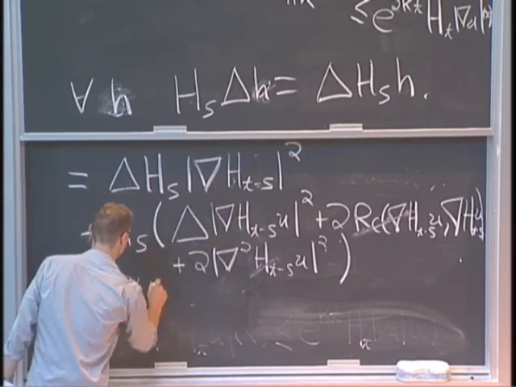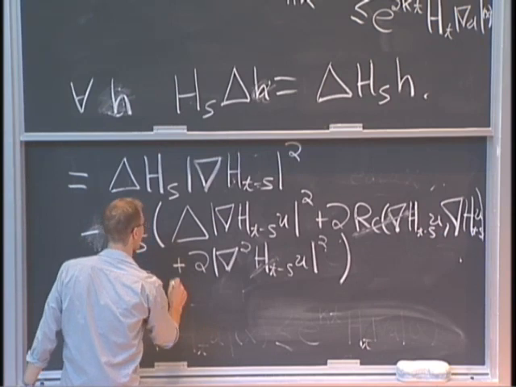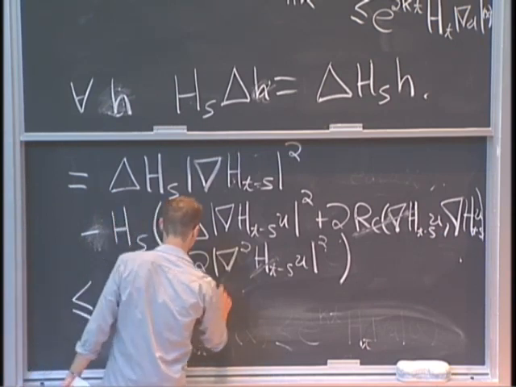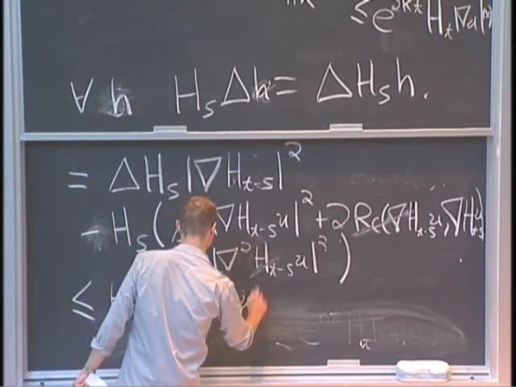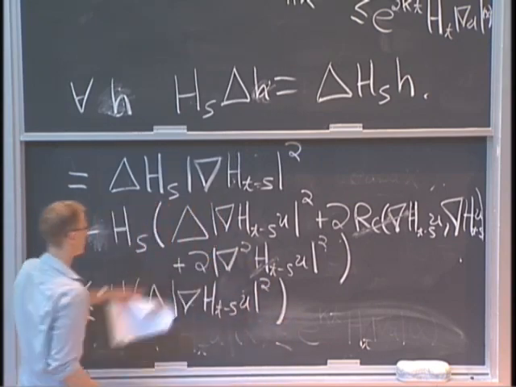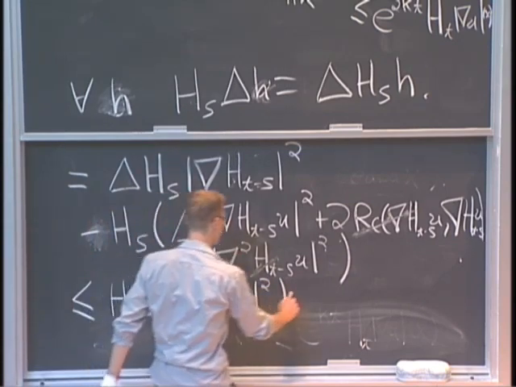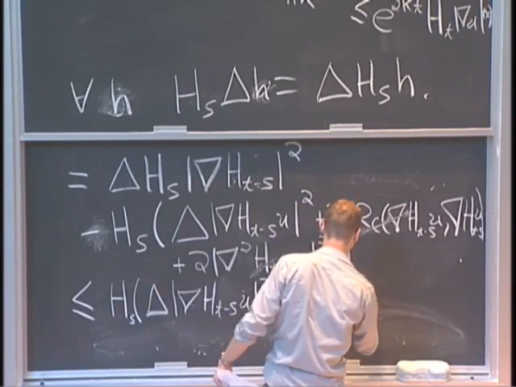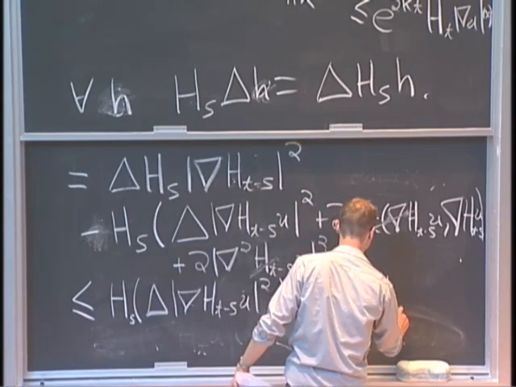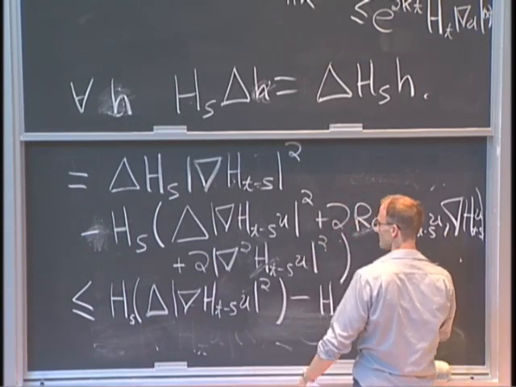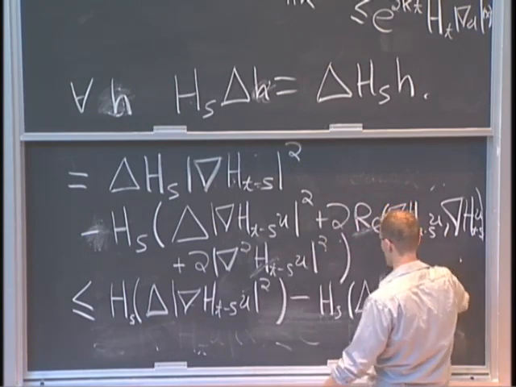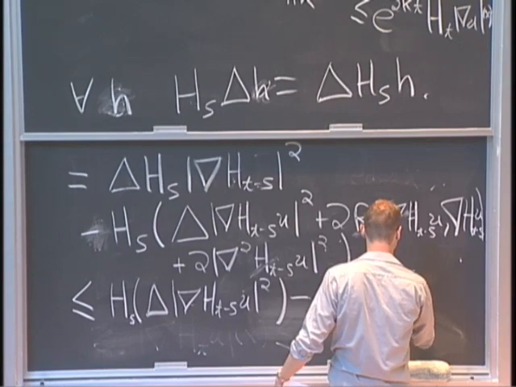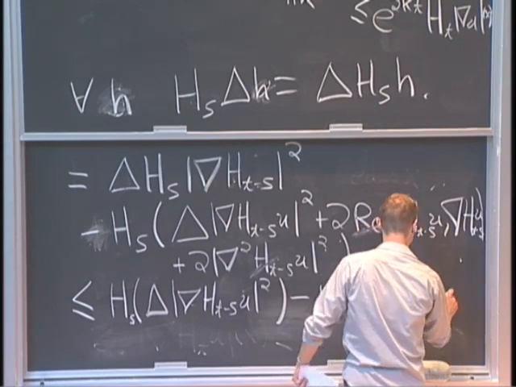That's the important part. So this becomes h s applied to the Laplacian of the gradient of h t minus s u squared. This term and this term went away, but what's left here is just minus h sub s of the same thing, Laplacian of the gradient of h t minus s u squared.